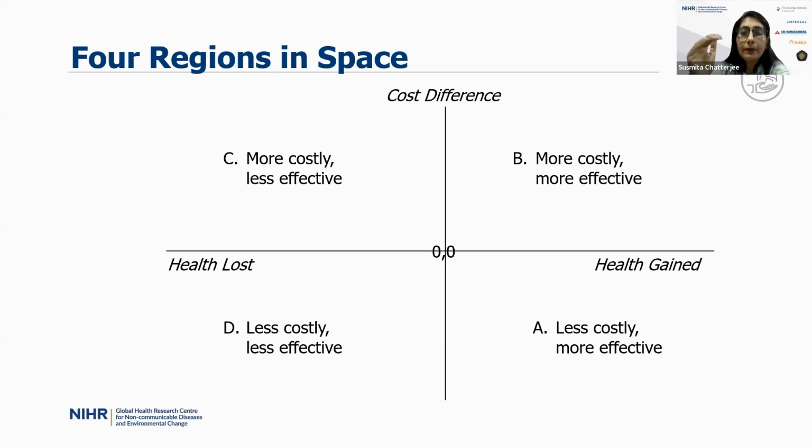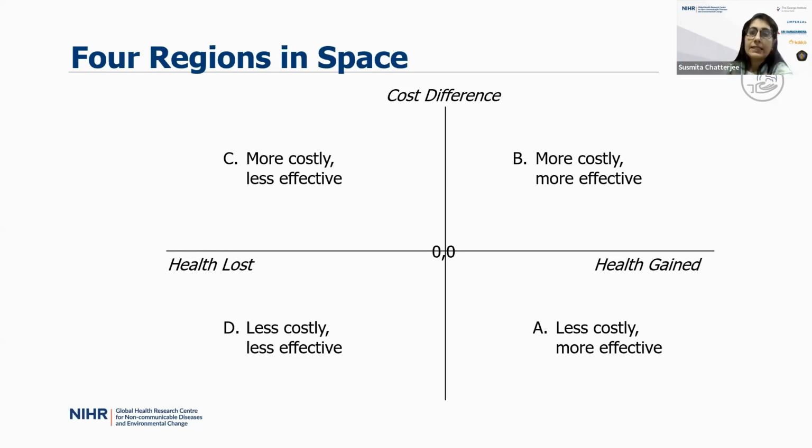If you are up from 0, 0, it means that it is more costly compared to your comparator. If it is below 0, 0 on the vertical axis, it means that it is less costly. If it is on the left side of the 0, 0, it means that even if you did the new intervention, it has a lower effectiveness.